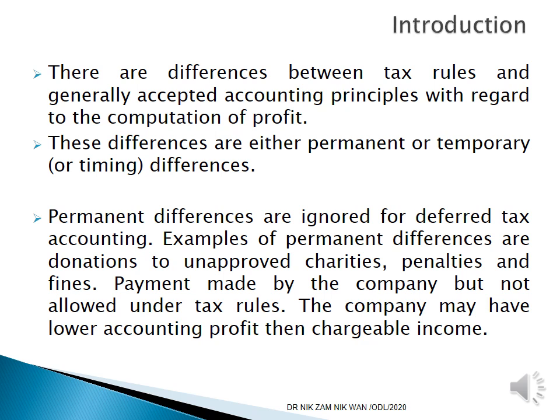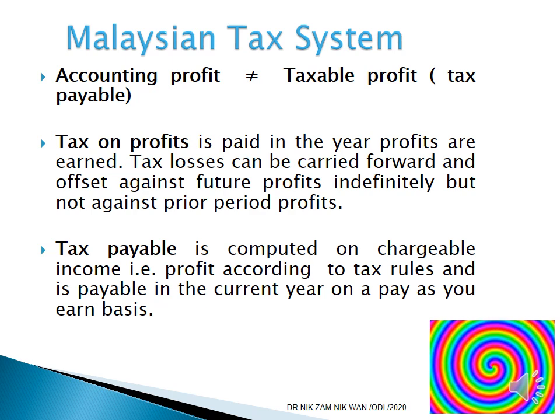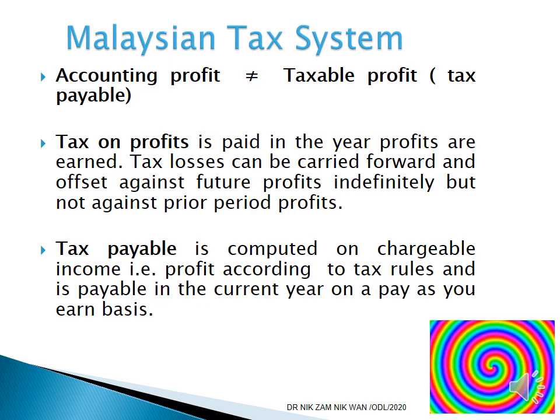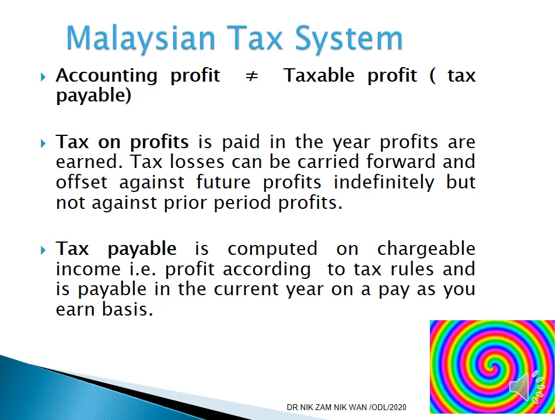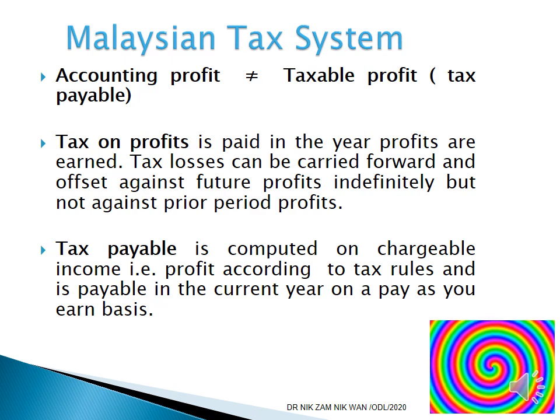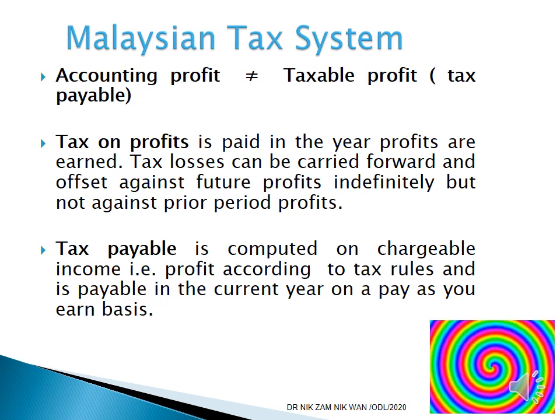These are payments made by the company but not allowed under tax rules. So the first point that you need to be clear on is that accounting profit that you normally calculate is not the same as taxable profit or chargeable income.